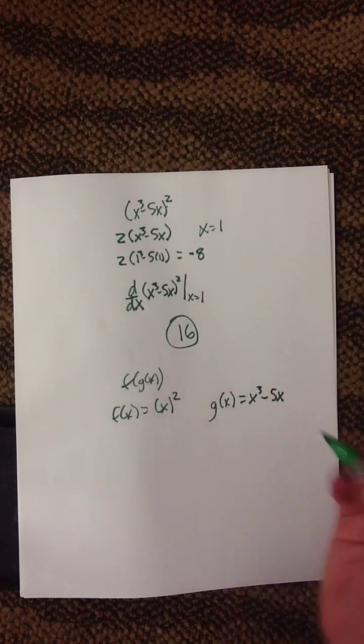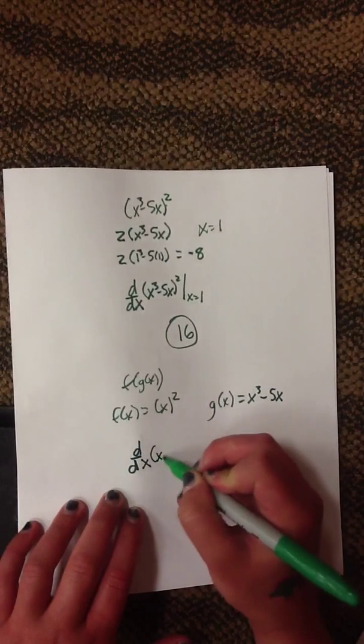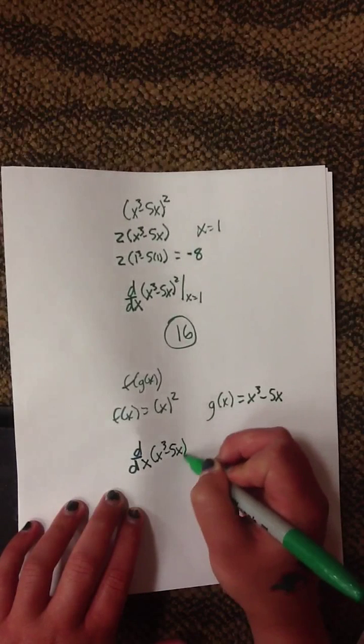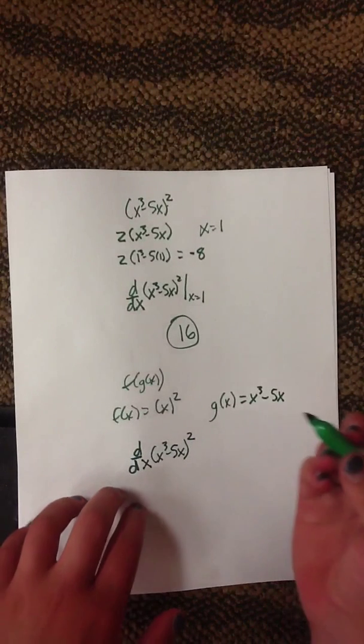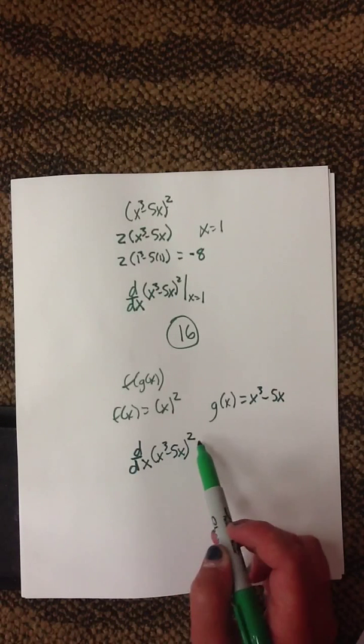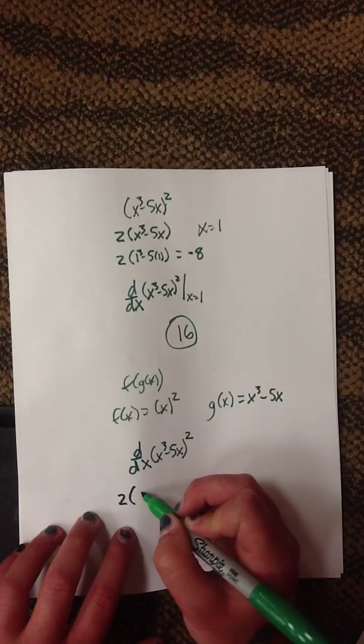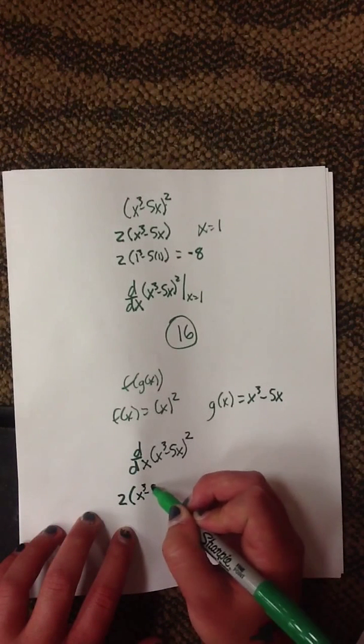So to do this, to find the derivative of x cubed minus 5x quantity squared, we have to find the derivative of the outside first, which is the inside squared. So we bring down the 2 using the power rule. We leave the inside alone.